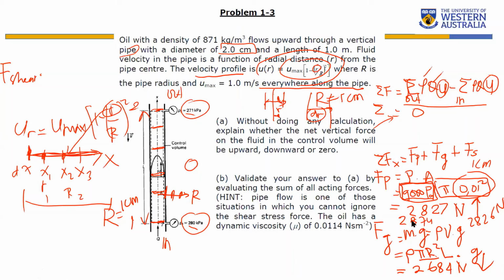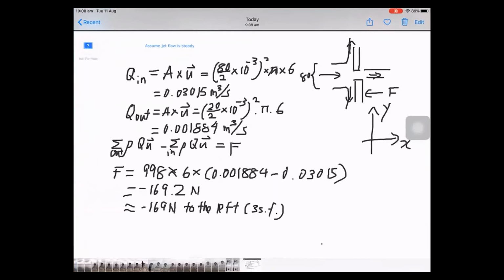Yeah, I put in 9,000. Yes, 9,000 times 3.14 pi with the 0.01 squared. All right. Yep.